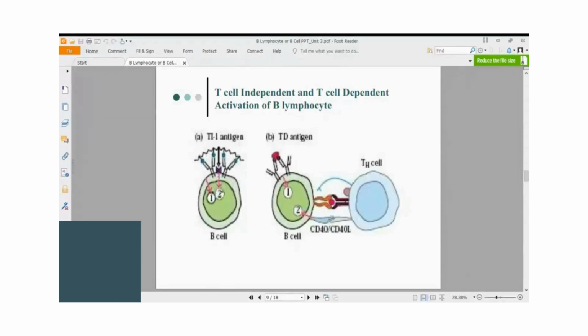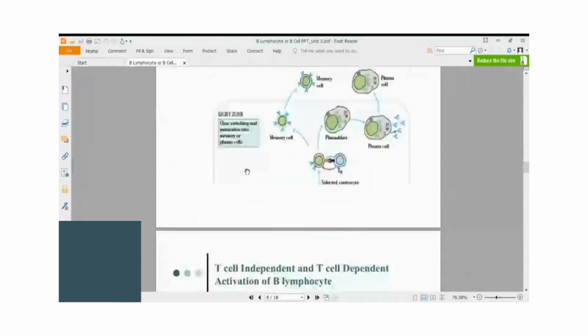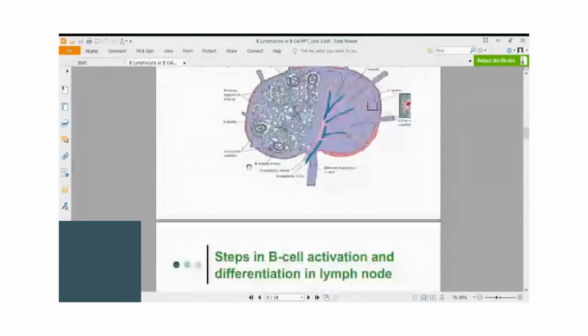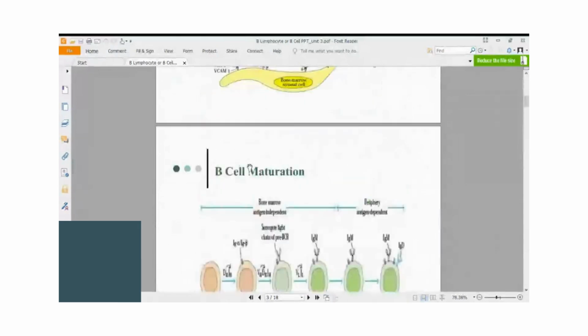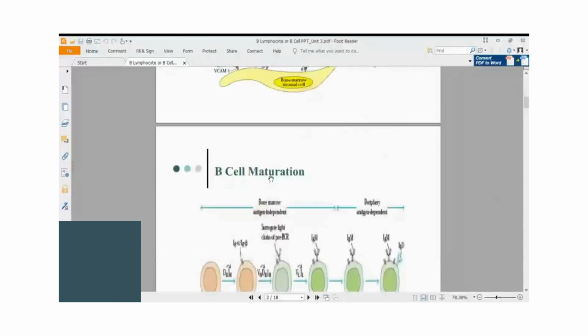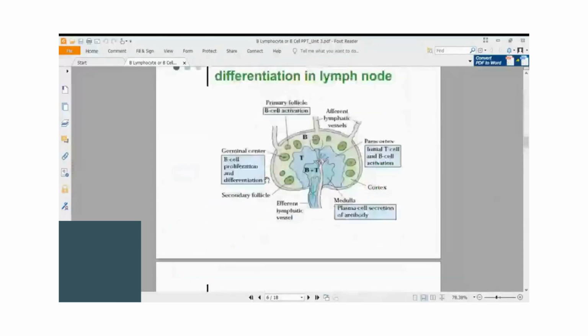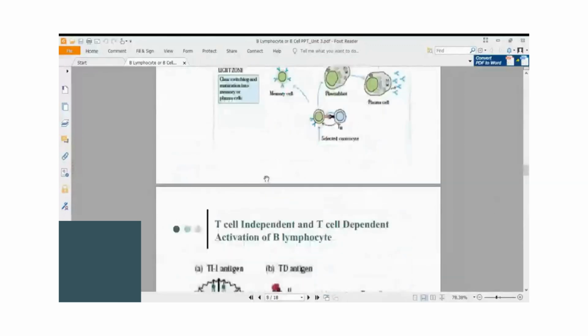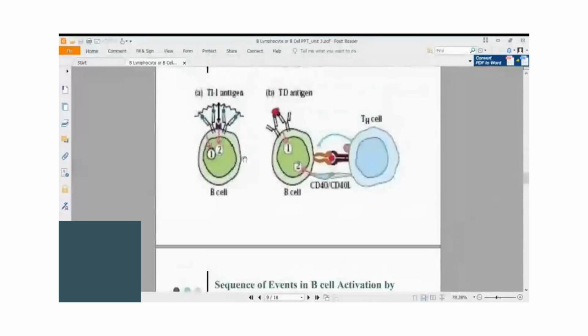You know, when we had dealt with the maturation process of the B lymphocyte, there is already IL-7 cytokine secreted by the stromal cells. Remember, the stromal cells are secreting IL-7. And that IL-7 will still be in circulation, and during the thymus independent activation of the B lymphocyte, it will come to the rescue of the B lymphocyte.